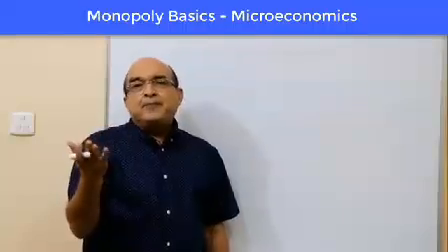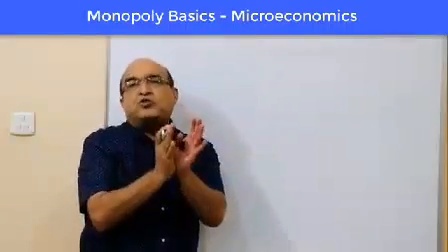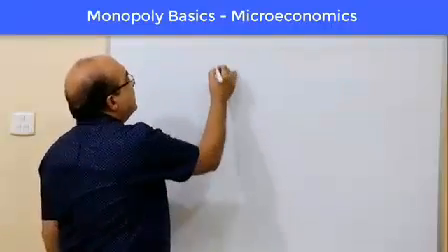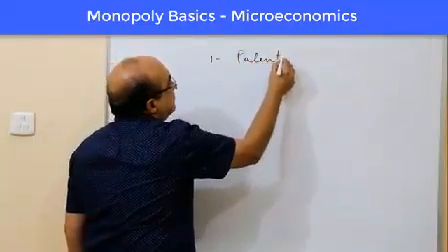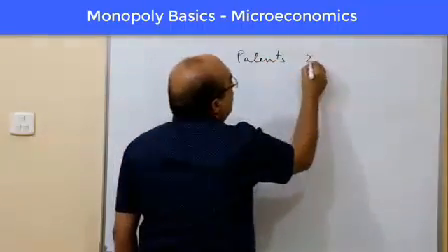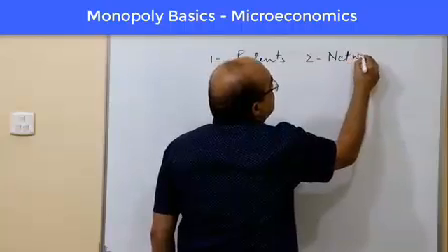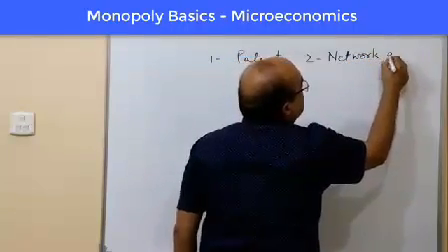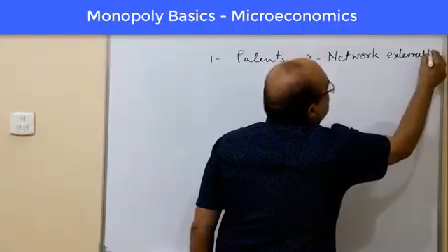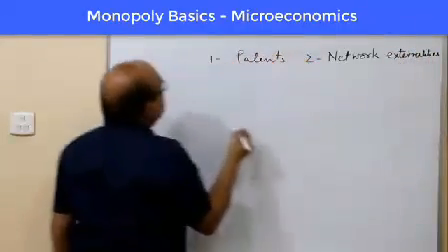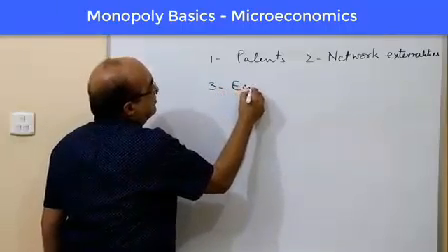At least some close substitute would still be there, but that situation could be close to monopoly. These three factors are: number one, patents; number two, network externalities; and three, economies of scale.